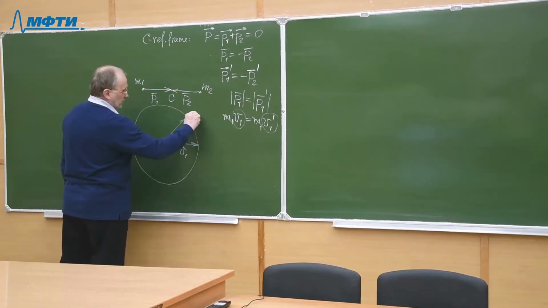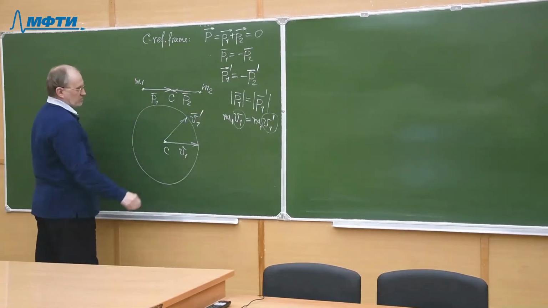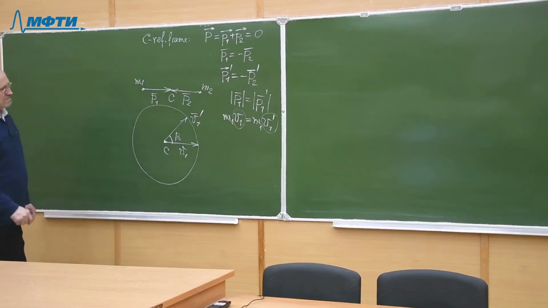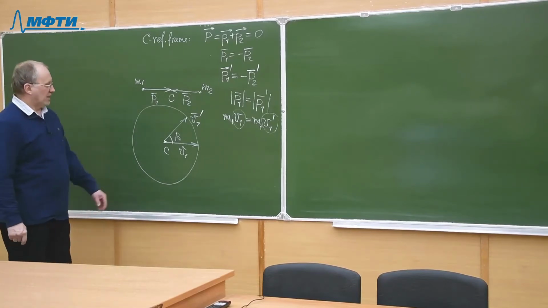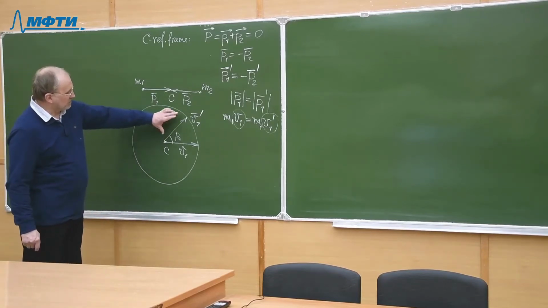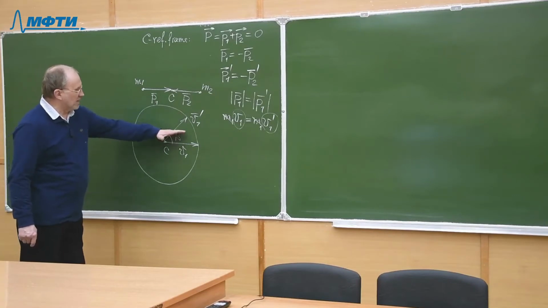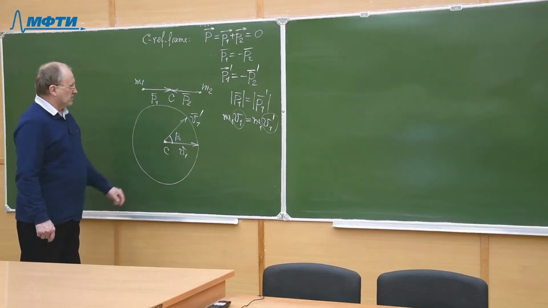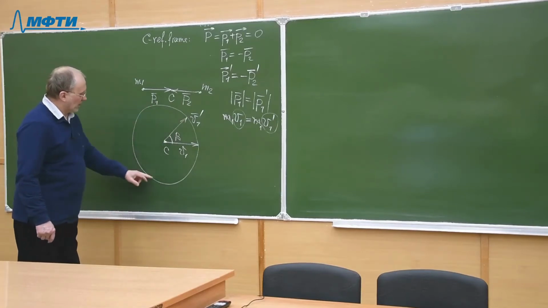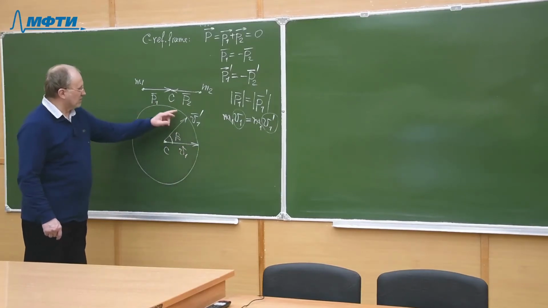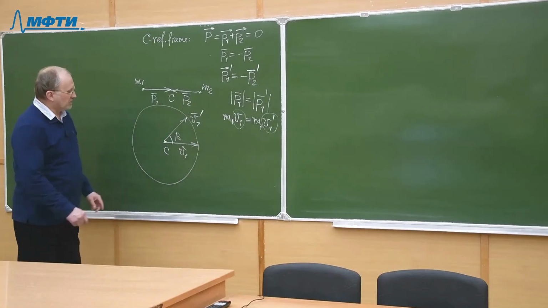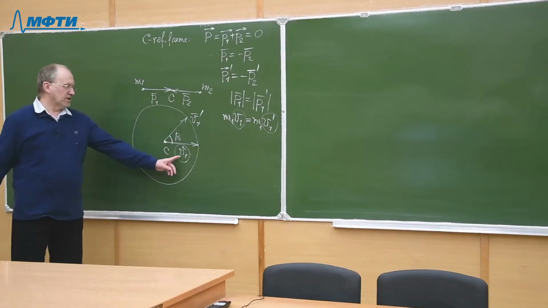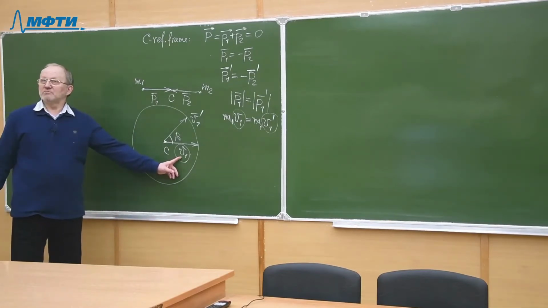It will be vector v1 prime, turned by some angle beta. And the length of this vector will remain the same. So in many, many collisions, these vectors will show in different directions, and the end of each vector will belong to this circumference with the radius equal to v1, the velocity of the first particle before the collision.